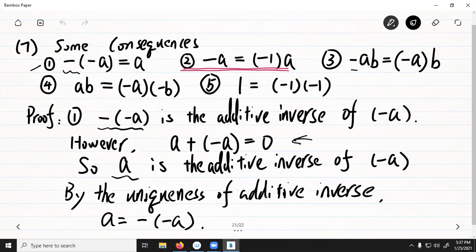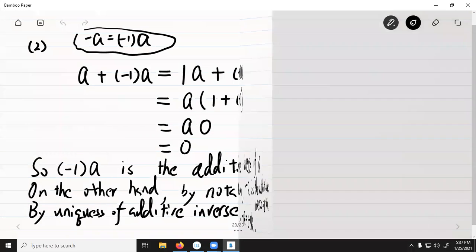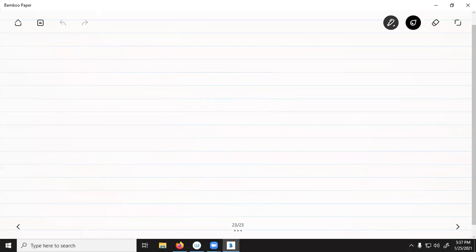So next one, we want to prove this one. Negative A times B equals negative AB. Okay, so we start from, this is the 3, we start from the left side, negative A times B. So we know negative A is what? Is negative 1 times A, right?